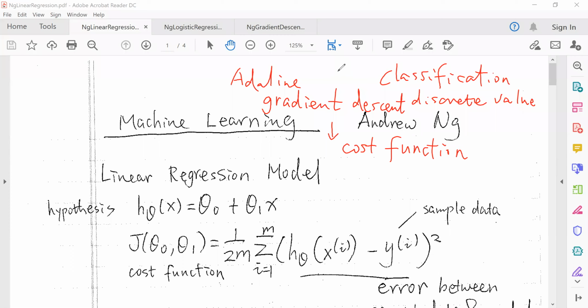In math, we write some function. So the cost function is regarding what? The parameter. Who still remembers this concept in gradient descent?